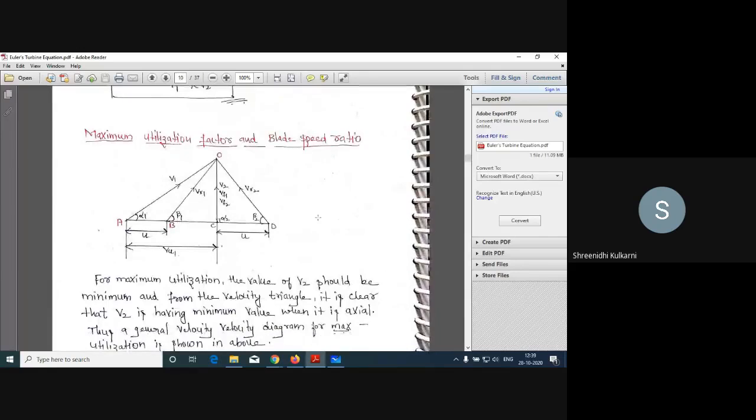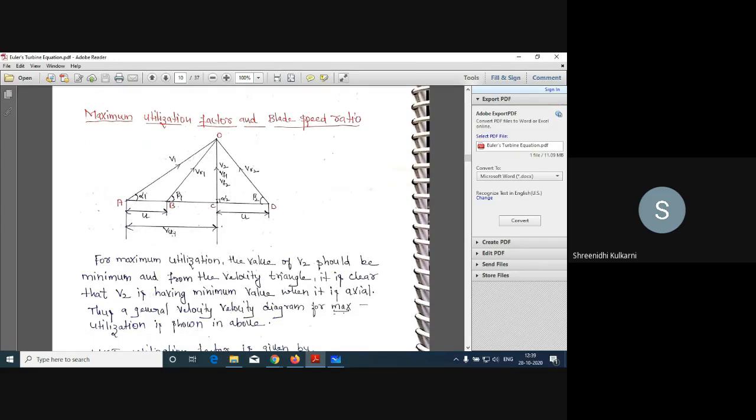Okay, if you understood how to draw the velocity triangle by using common base and common apex, then I'll move on to maximum utilization factor and blade speed ratio. Before going to this velocity triangle, we'll see the condition.